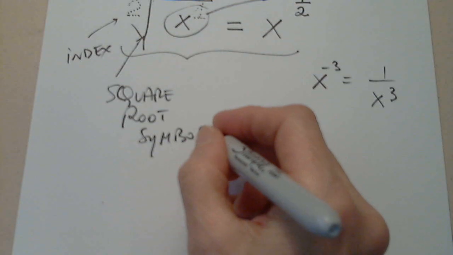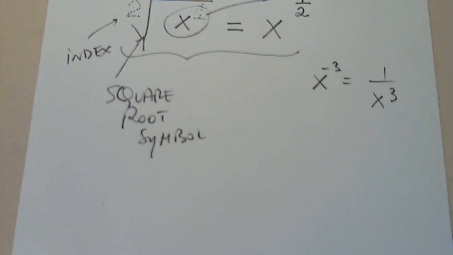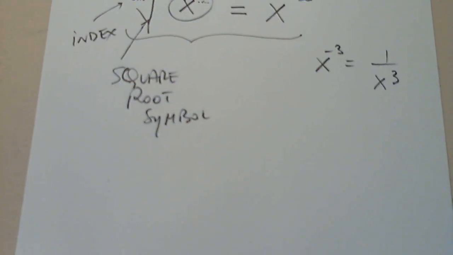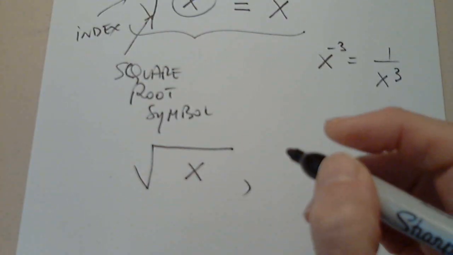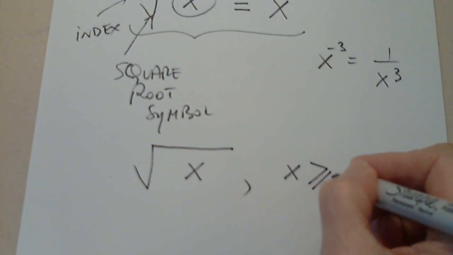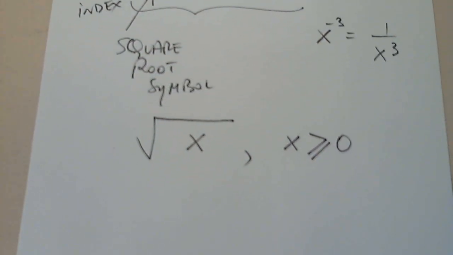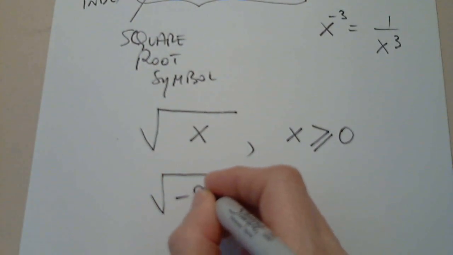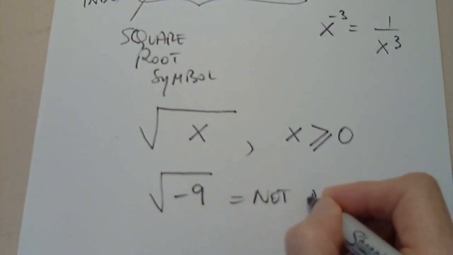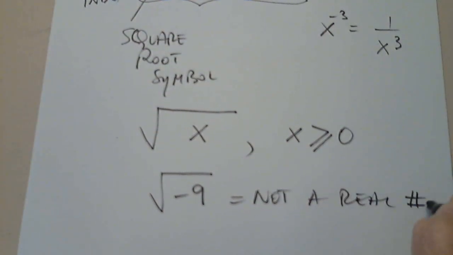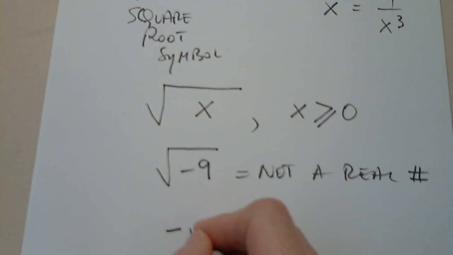Now, there is a problem with the square root. The square root is not friendly, like polynomials, like the absolute value. I don't have to worry about domain there. Here, I do have to worry about the domain. So here's the problem. The square root of x requires that x is positive or 0. I cannot take the square root of -9. It's not a real number. I can take negative the square root of 9.